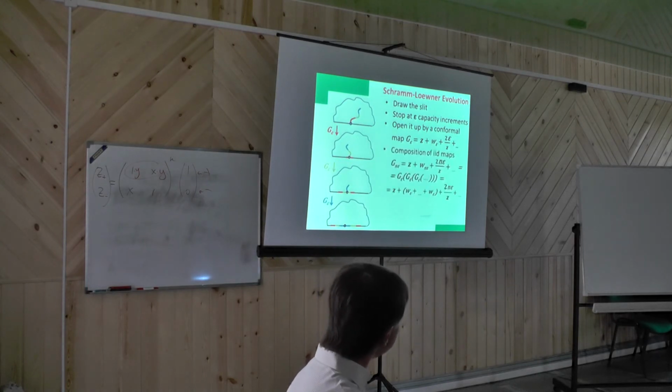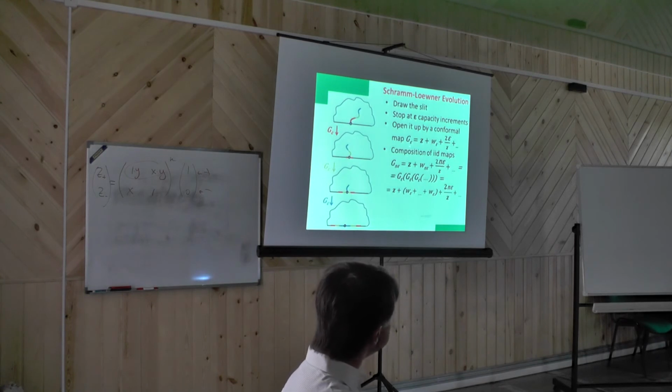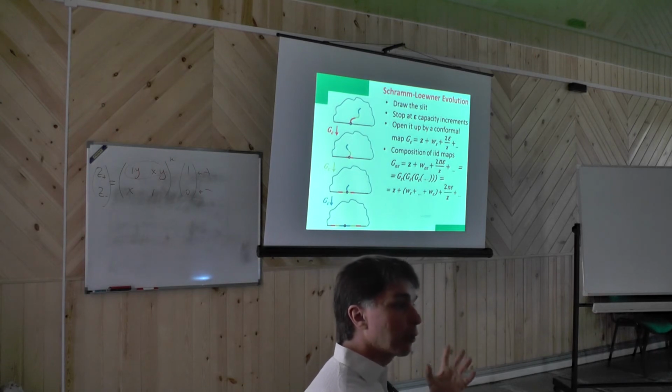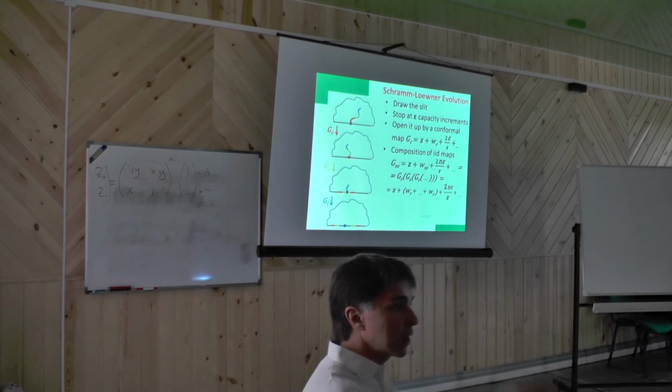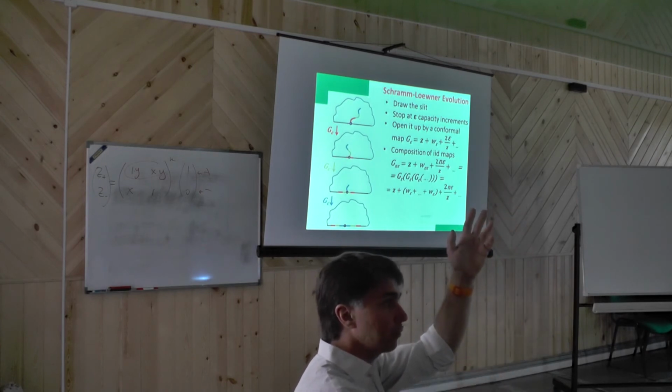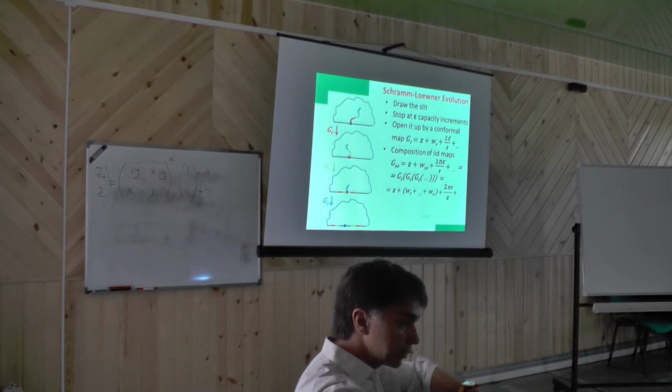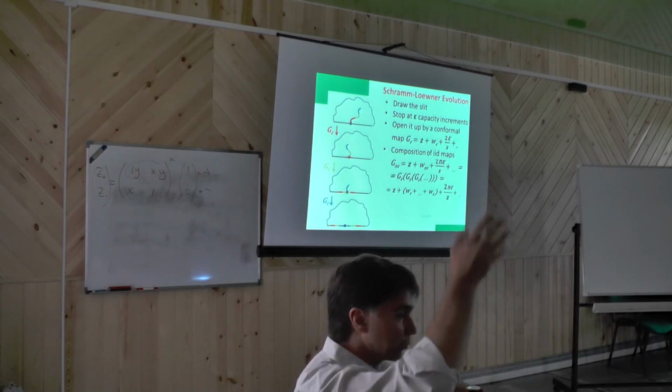Now, what we get, the G epsilon, will be composition of these maps: red J epsilon, green J epsilon, and blue J epsilon. And if we believe physicists, because we have conformal invariance, these maps will all look exactly the same, because we have a random conformally invariant curve. We took this thing out, but this is again the same conformally invariant curve.